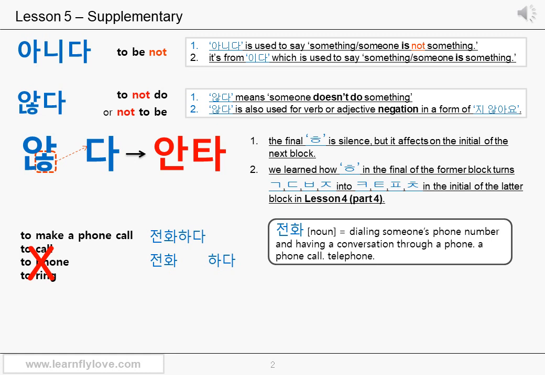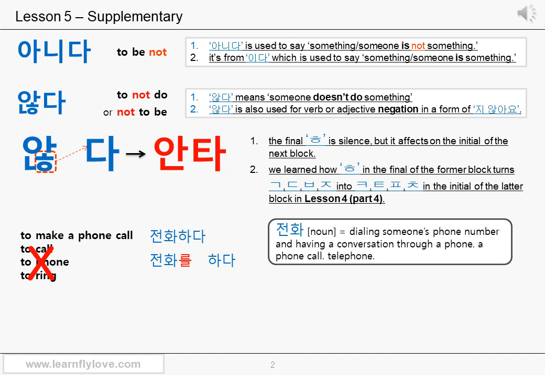Even you can add the object particle 를 to 전화. 전화를 하다. That's why this Korean verb is almost the same as the English phrase make a phone call, even though the direct translation of the verb make is not 하다. It's like do a phone call, right?